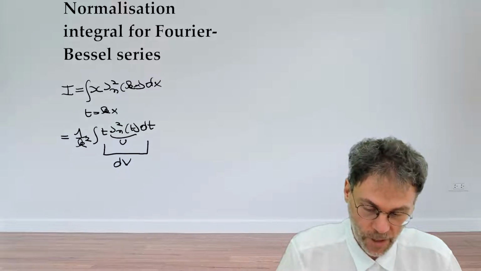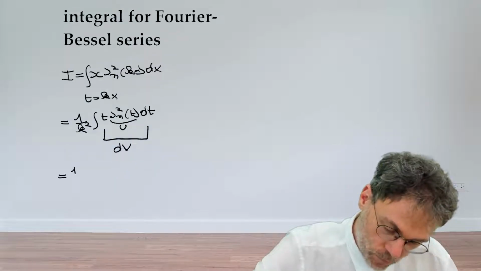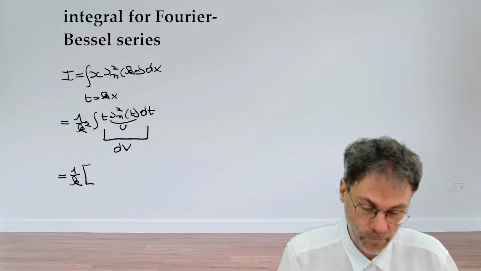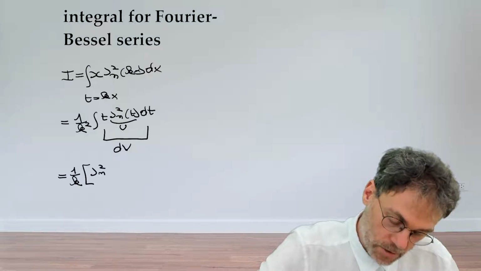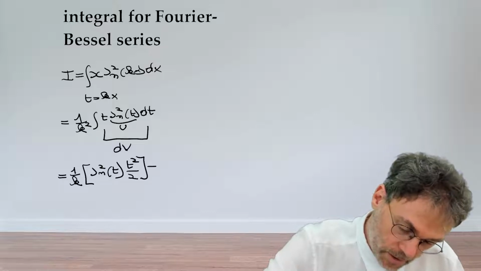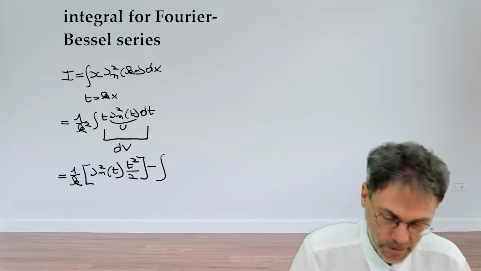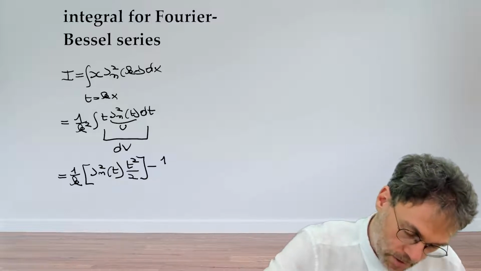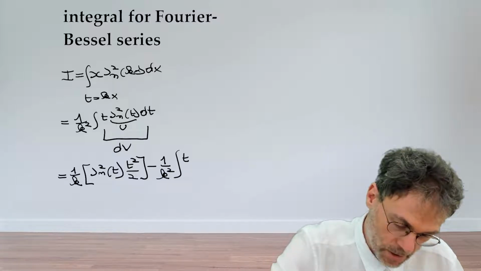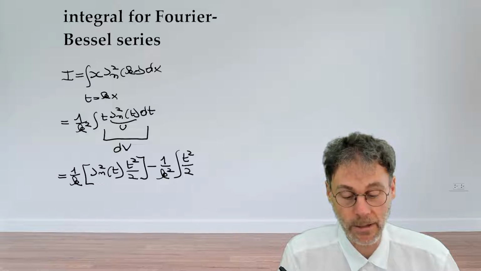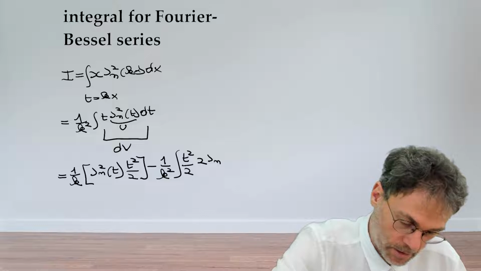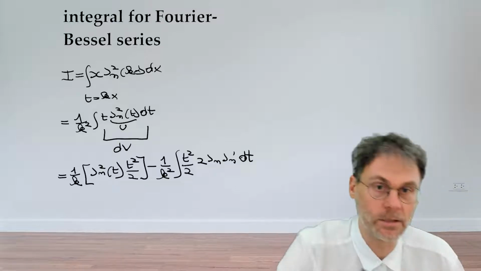Okay, so if we have that, then let's do the integration by parts. So we have 1 over k squared, and then here between square brackets we should have uv. So u is J_n squared(t), and then v is t squared over 2, minus the integral of v du. Let's not forget about the 1 over k squared. So v is again t squared over 2, and then taking the derivative of u will give us 2 J_n J_n' dt.